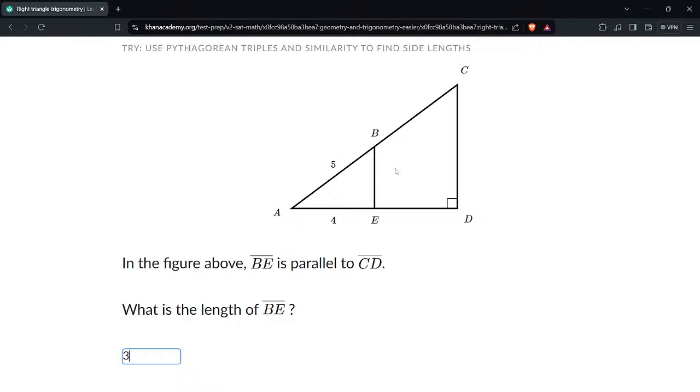Wait, I don't know. I don't know how to do this question.